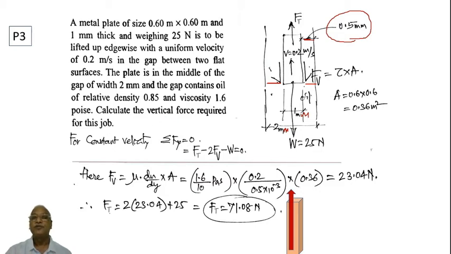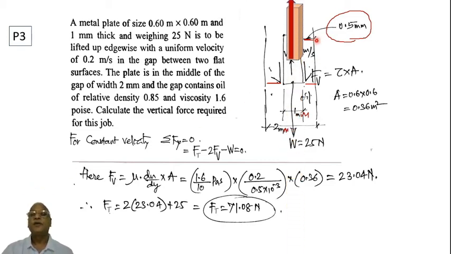Now this is moving, right? So the plate is moving up with a constant velocity. You remember the point that when the object is moving with a constant velocity, the resultant force is equal to 0.